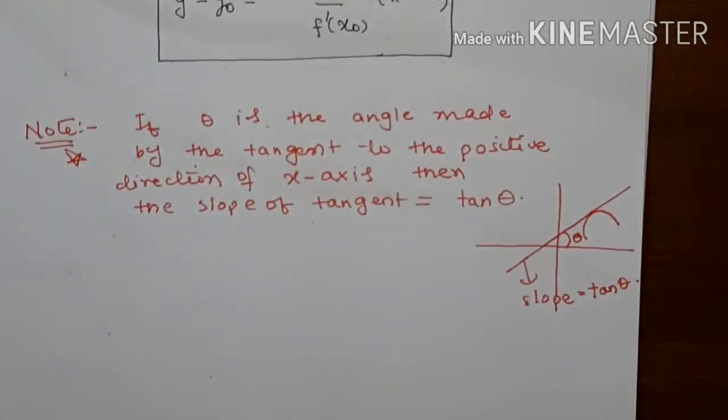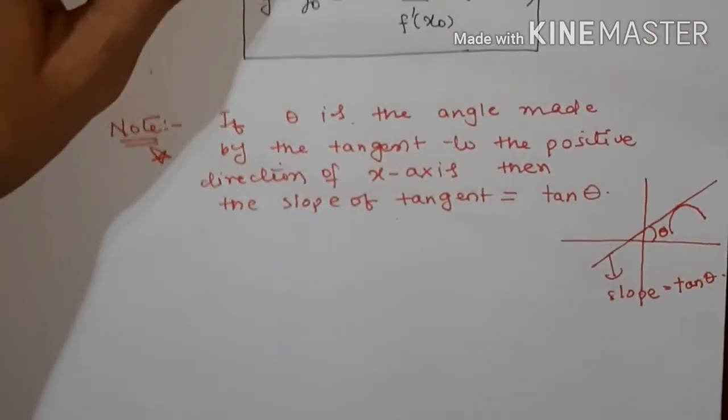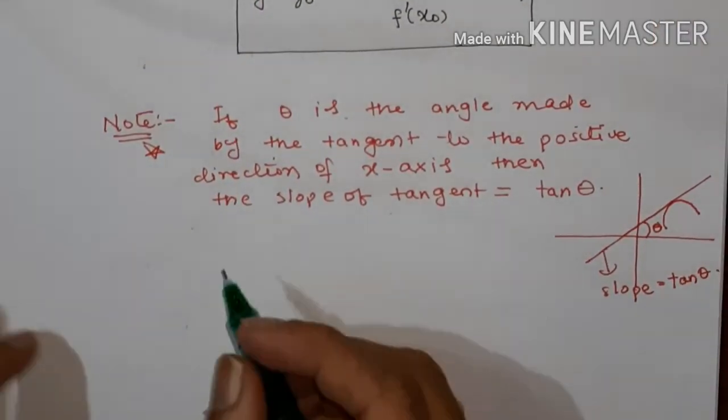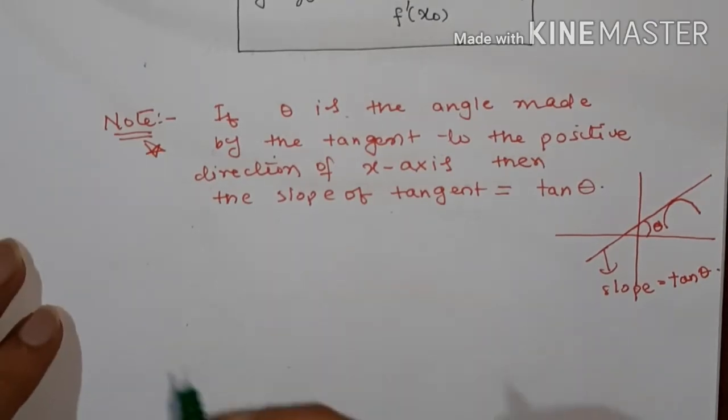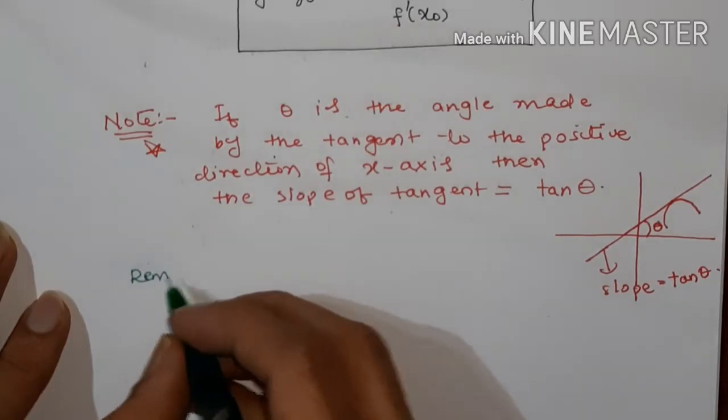Now some remarks we have to know. Let us look at some remarks which are the special cases of slopes of the tangent line.